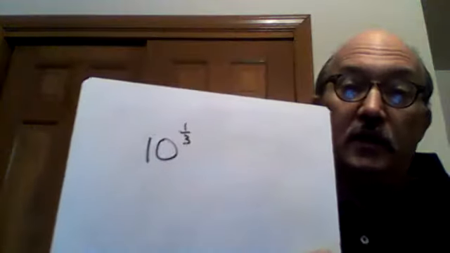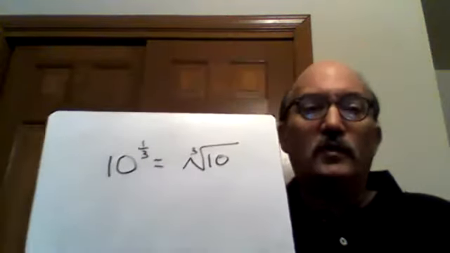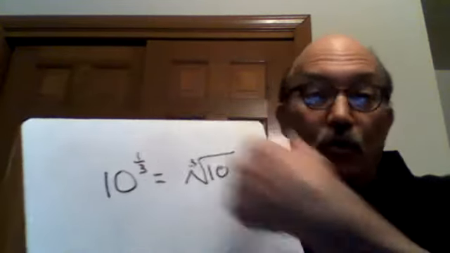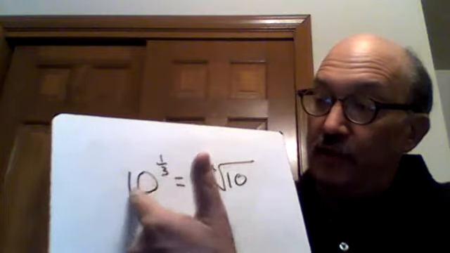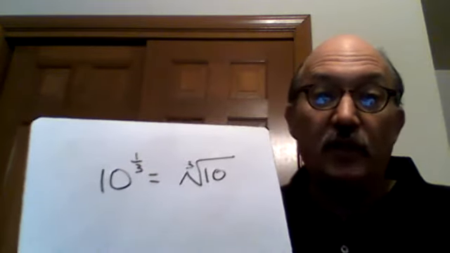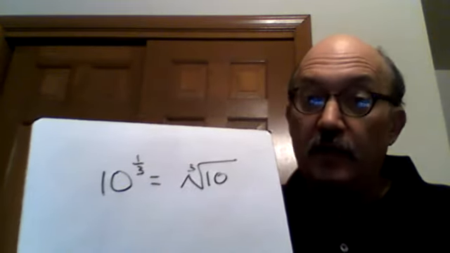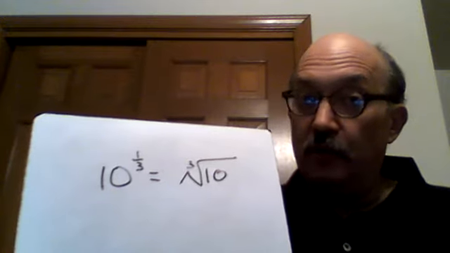And these rules work whether what you're dealing with is rational or irrational. For example, 10 to the 1/3 power is, by definition, the 3rd root of 10. So the rule still works, even though this number, whether you write it this way or this way, is irrational. And you should realize that it is somewhere between 2 and 3.